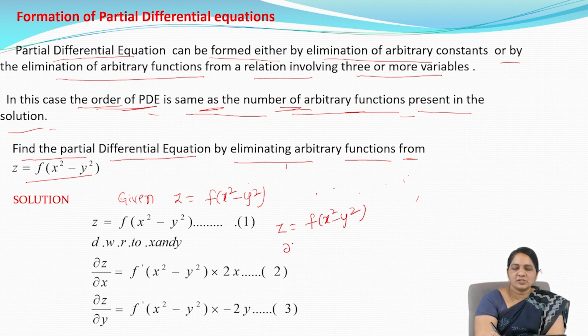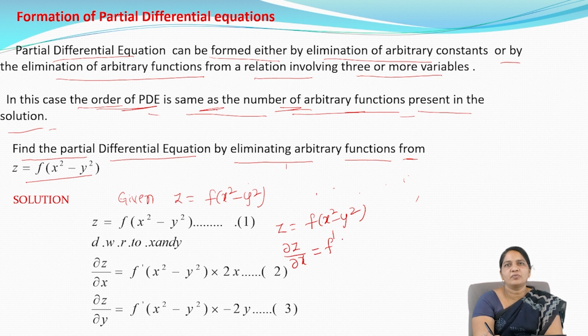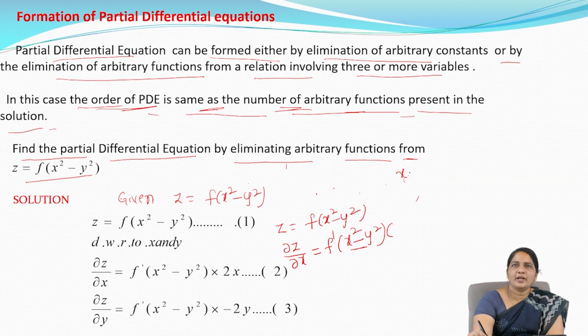Now I am differentiating with respect to x. Dou z by dou x equal to f dash of x square minus y square, and for the inner part we again have to differentiate. When differentiating partially with respect to x, y is treated as constant.